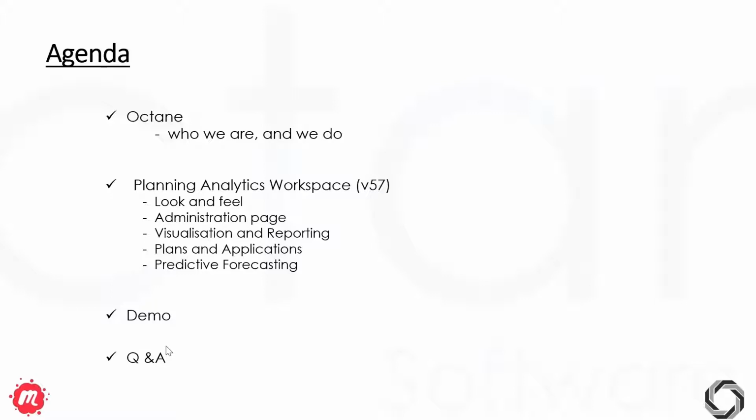Then we will look at the new and reorganized administration page. Then we'll also look at the enhanced visualizations and reporting, followed by guided planning. We'll also do a demo on this, and then we'll also cover the AI-infused predictive time series forecasting as well. And then finally, we'll wrap up with the Q&A session at the end.